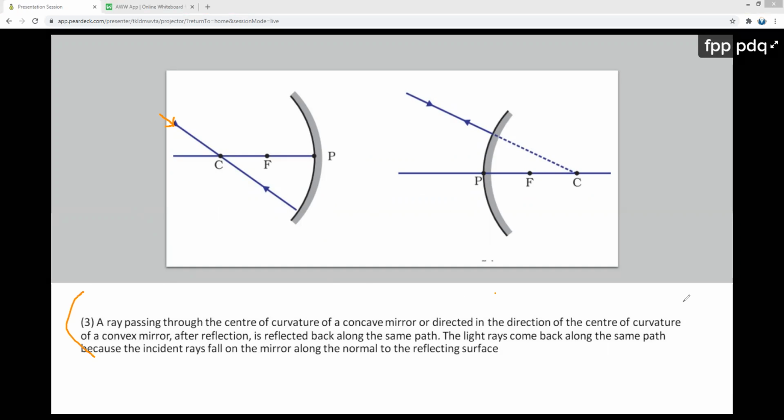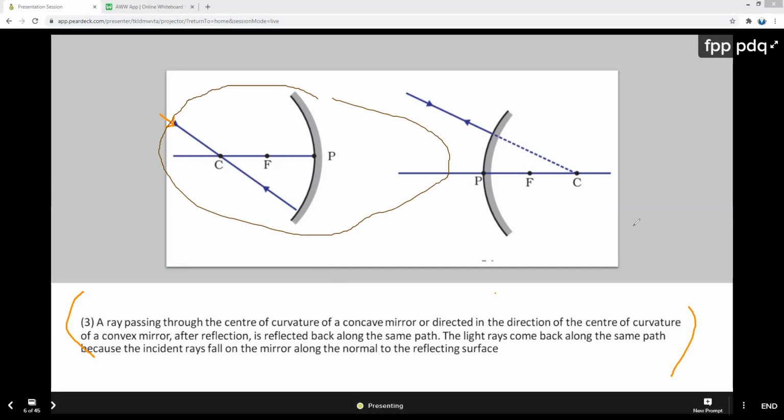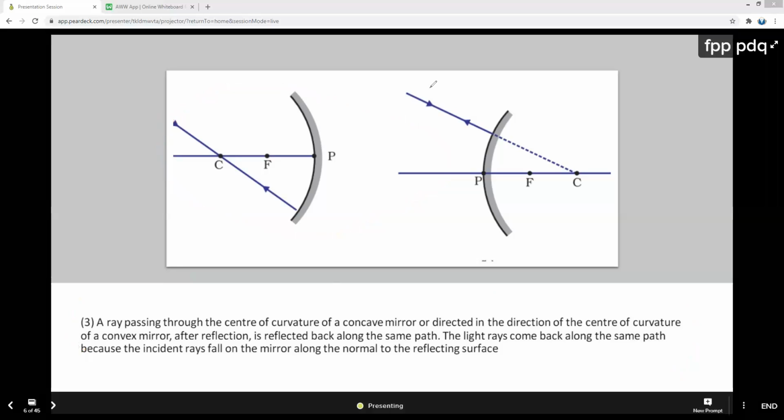A ray passing through the center of curvature of a concave mirror, or directed in the direction of the center of curvature of a convex mirror, after reflection is also reflected back along the same path. So in the third case, in both the concave and convex mirror, when the ray of light passes through the center of curvature in the concave mirror, it touches the mirror and bounces back in the same path.